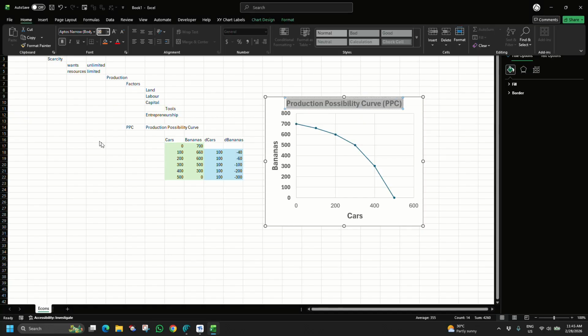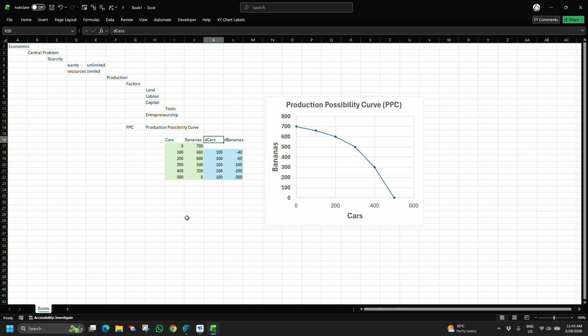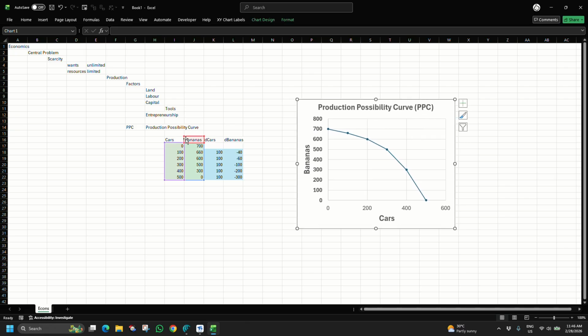Right, so what you see here is the change in cars divided by change in bananas. Okay, this is like your dx and this is your dy.